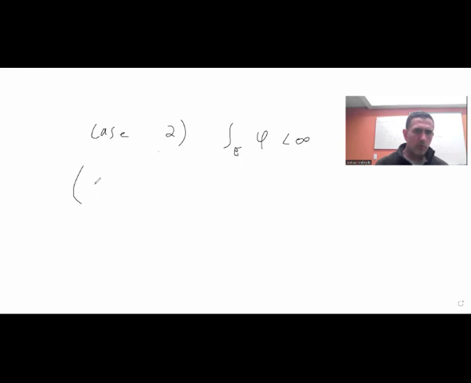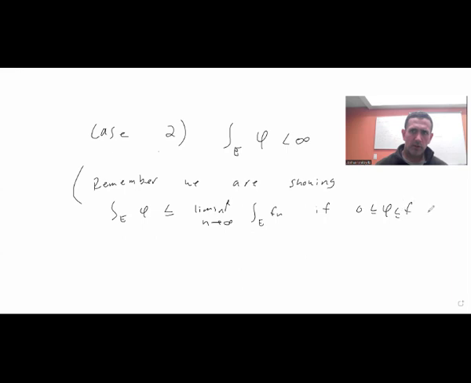And so remember, in general, we're showing that this integral here is less than or equal to the lim inf as n goes to infinity, and if this is true on E.